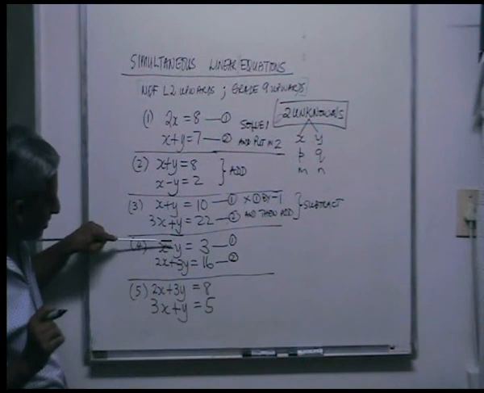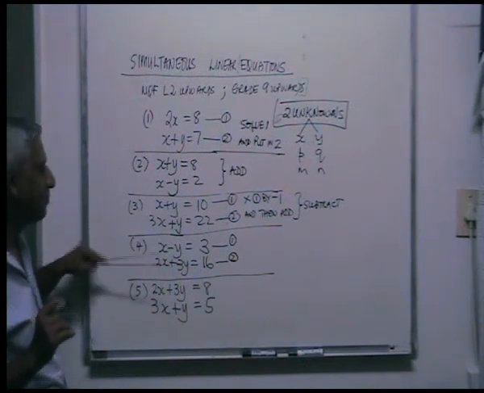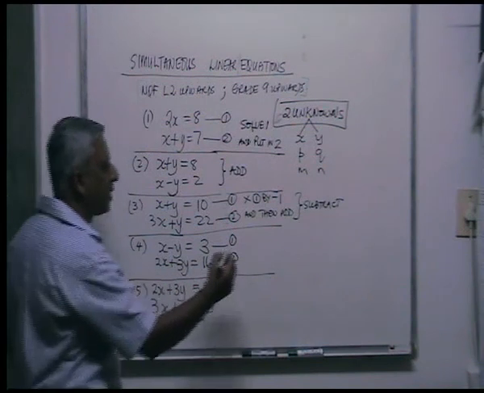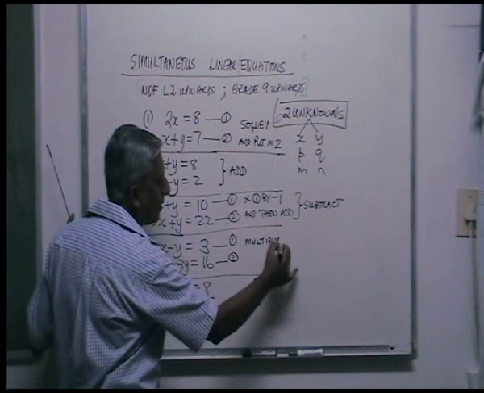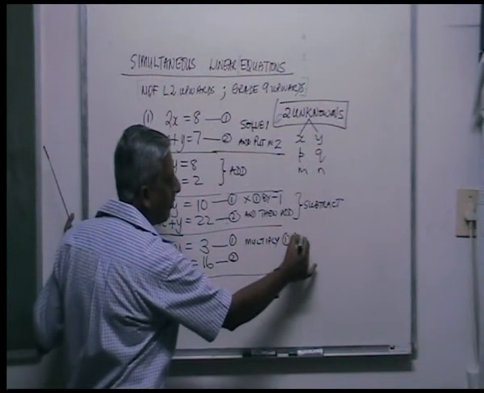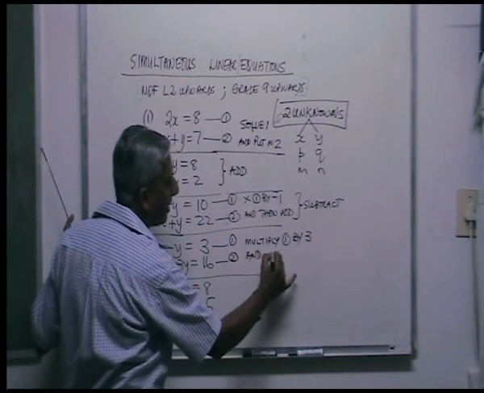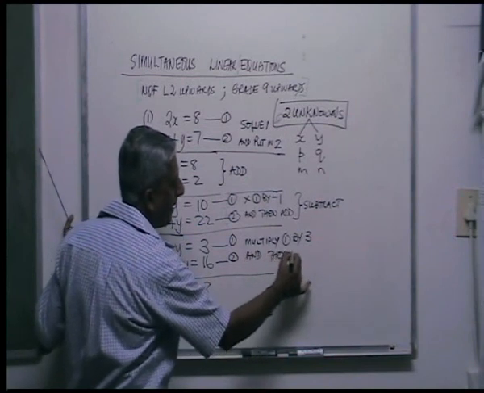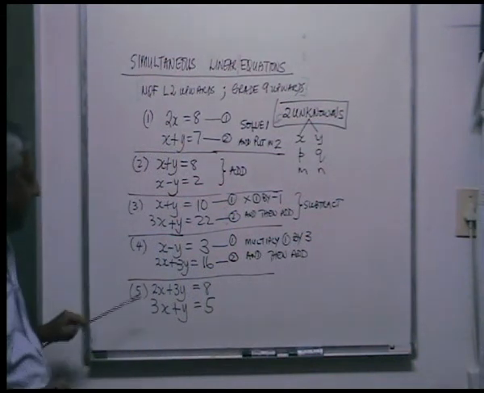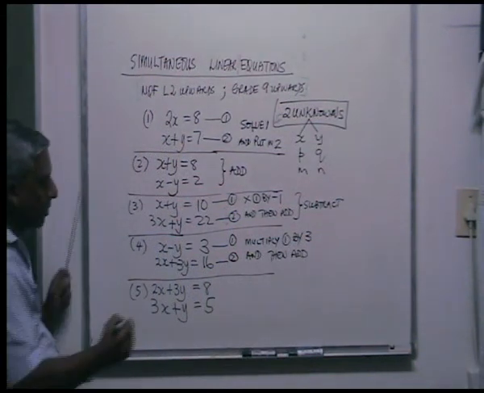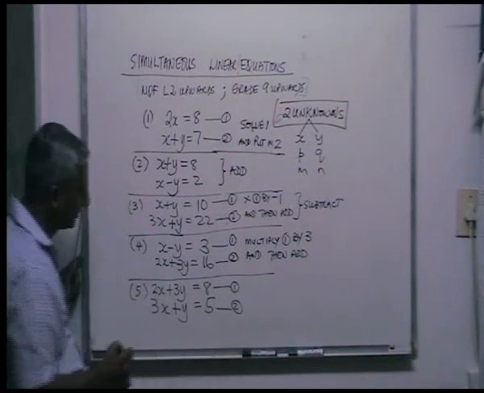I can see that if I multiply the top one by 3 and then add it, my problem will be solved. So that's really what happens. Multiply 1 by 3 and then add.